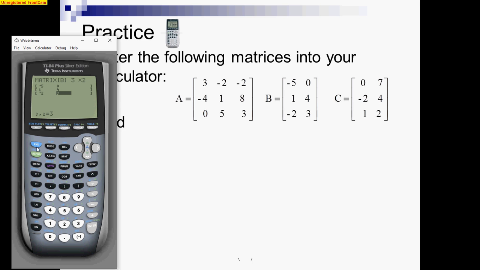There's matrix B. Now, back out of it, back over to edit, matrix 3, which is called matrix C, which is also a 3 by 2. And then I'm going to quit back to my home screen.